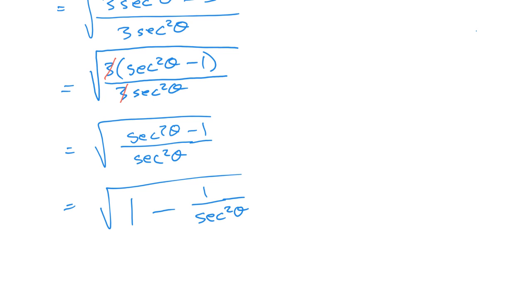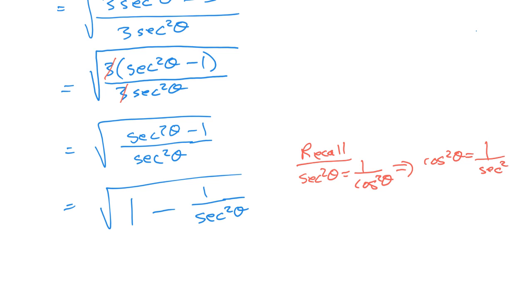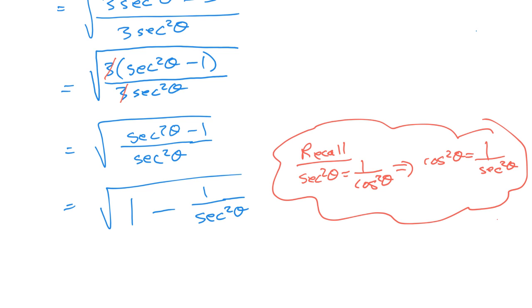And I want you to recall that sec squared theta is equal to 1 over cos squared theta, so cos squared theta can also be written as 1 over sec squared theta. And we'll use that to substitute for 1 over sec squared.